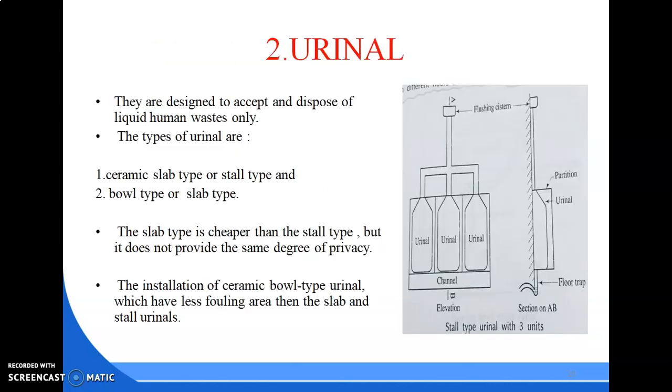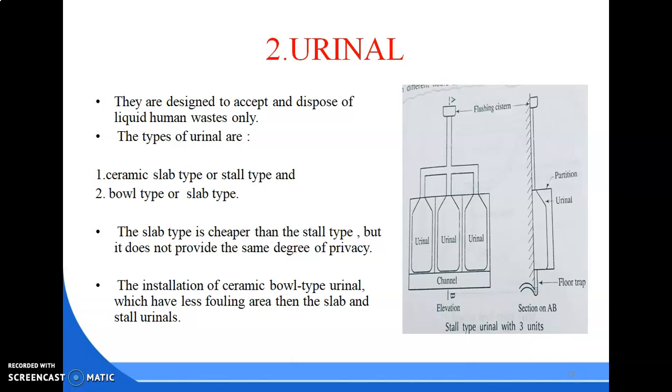Then number two, urinals. Basically these are designed to accept and dispose of liquid human waste only. The types of urinals are number one, ceramic slab type or stall type, and number two, bowl type.